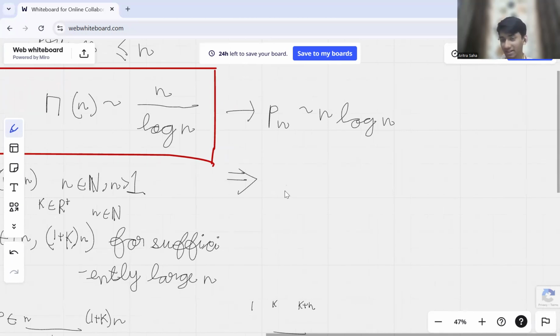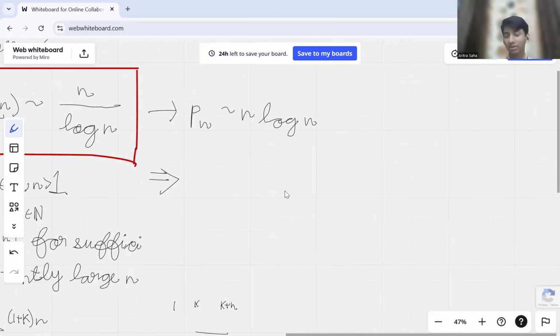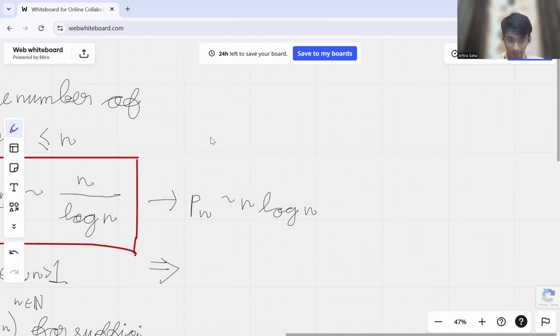This is a little bit of algebra, not much number theory. So you multiply stuff and see the growth rate. I write the prime number theorem again.